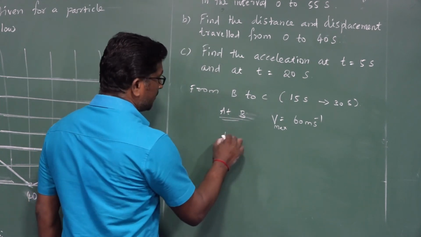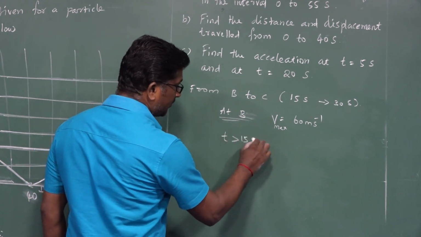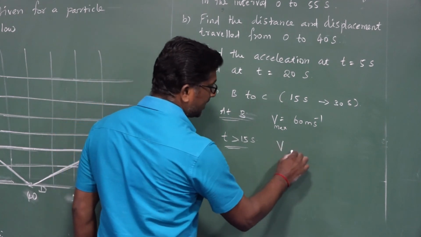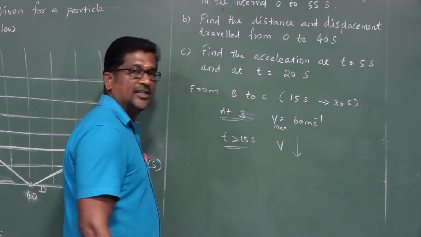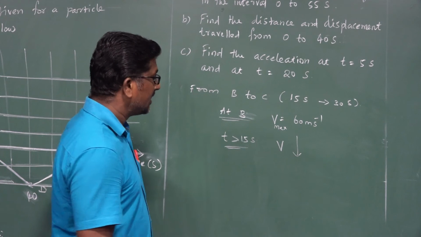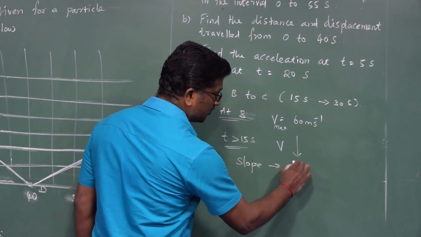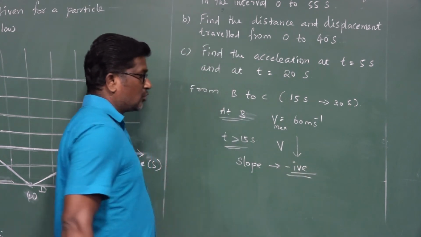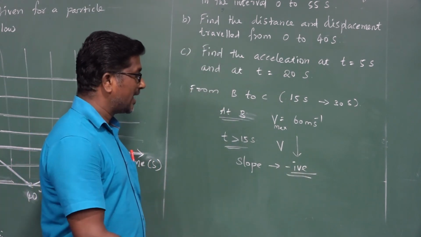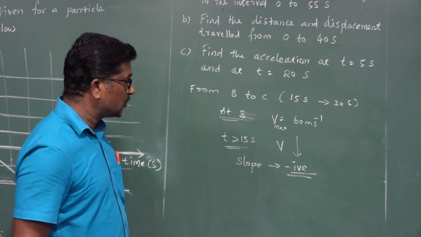After this, the particle velocity decreases linearly, and the slope value in this region is negative. The slope is a negative value from the region B to C.